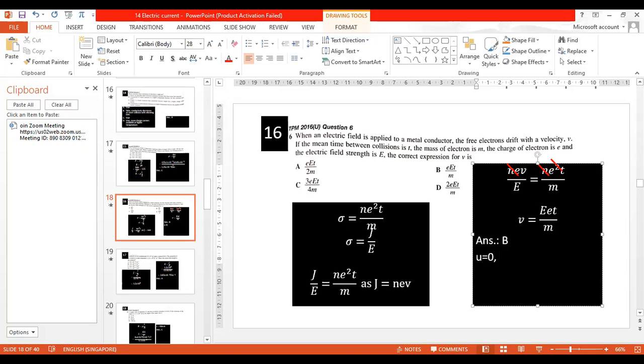You can use this one if you want to. Your v equals to u plus at.